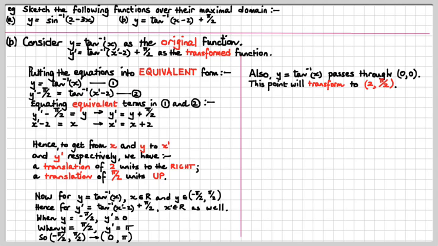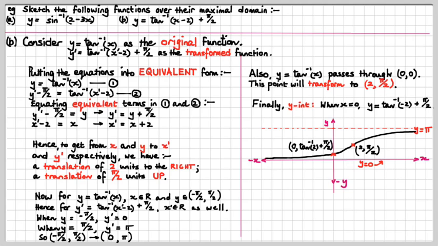So that will transform to the point 2 and pi on 2. The y-intercept, we better work that out because this thing does have a y-intercept. Originally it used to be just here for the original function, but for this we've got to plug it into this crazy equation here. So when x is 0, y will now be inverse tan of negative 2 plus pi on 2, whatever that is on a good day. But here's the new graph.